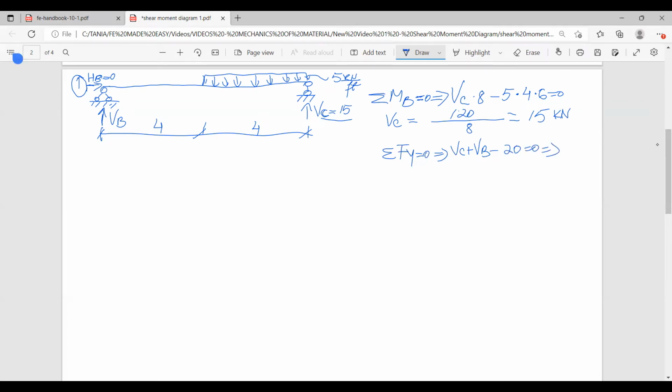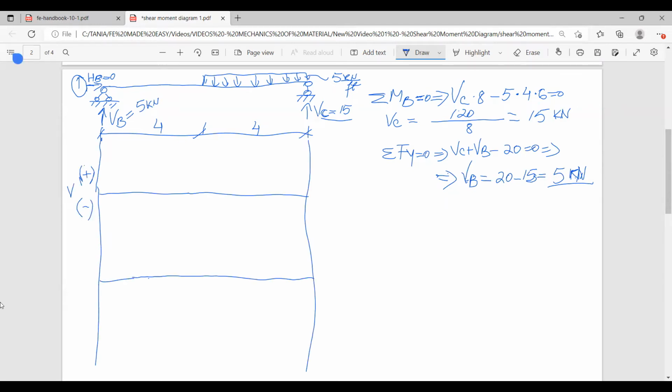From here, VB equals 20 minus VC, which is 15, and VB equals 5 kilonewtons. I will add it here. VB equals 5 kilonewtons. And now let's draw the shear moment diagram.